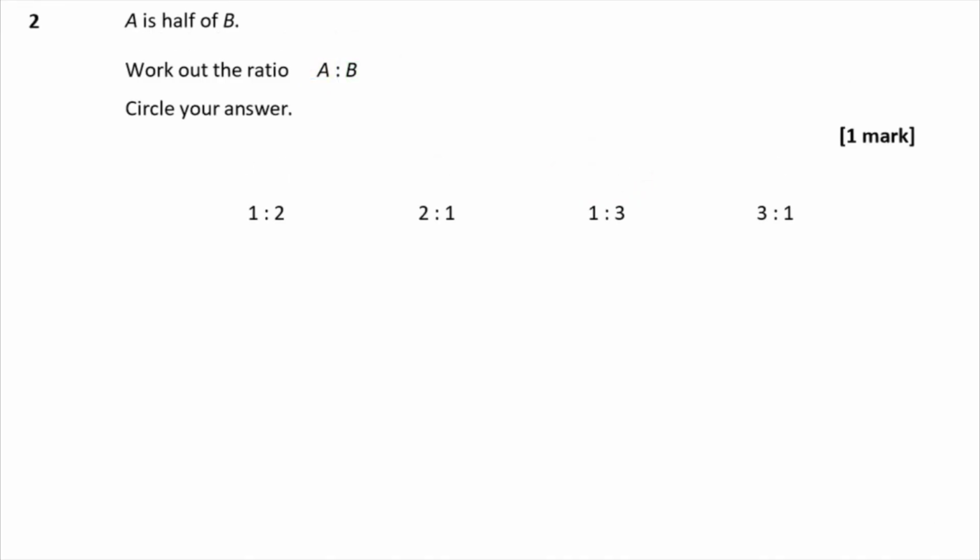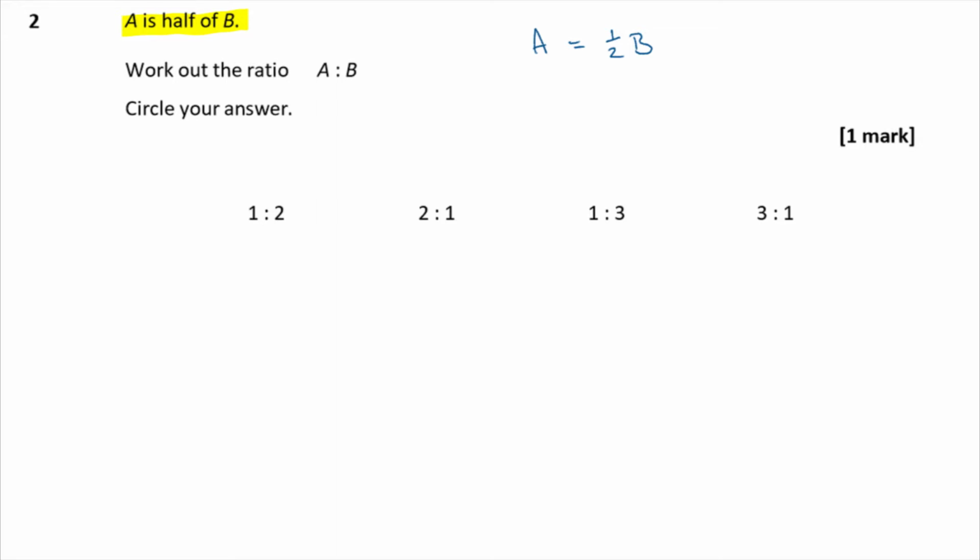Question 2, a is half of b. Work out the ratio of a to b. Circle your answer. Okay, now this is actually converting an equation involving a and b into a ratio involving a and b. Now this little bit at the top here, a is half of b, we can rewrite as saying a equals half of b, so half of b like that, or a equals b over 2.